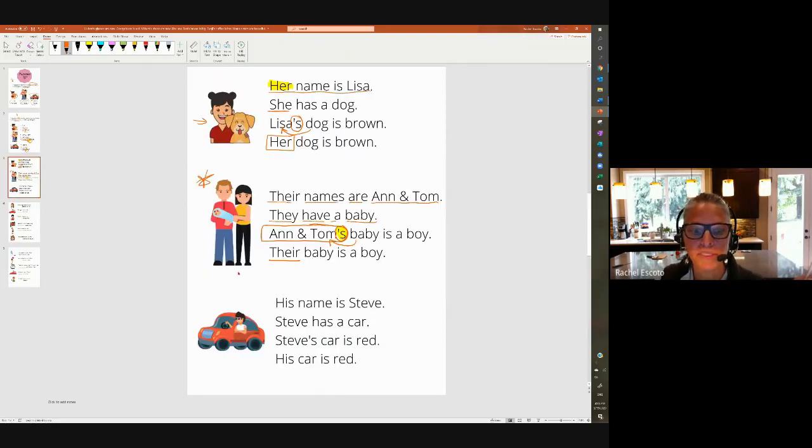One more. Okay, this guy right there. His name is Steve. Steve has a car. Steve's car is red, right? So the car that belongs to Steve, Steve's car is red. We say his car is red.